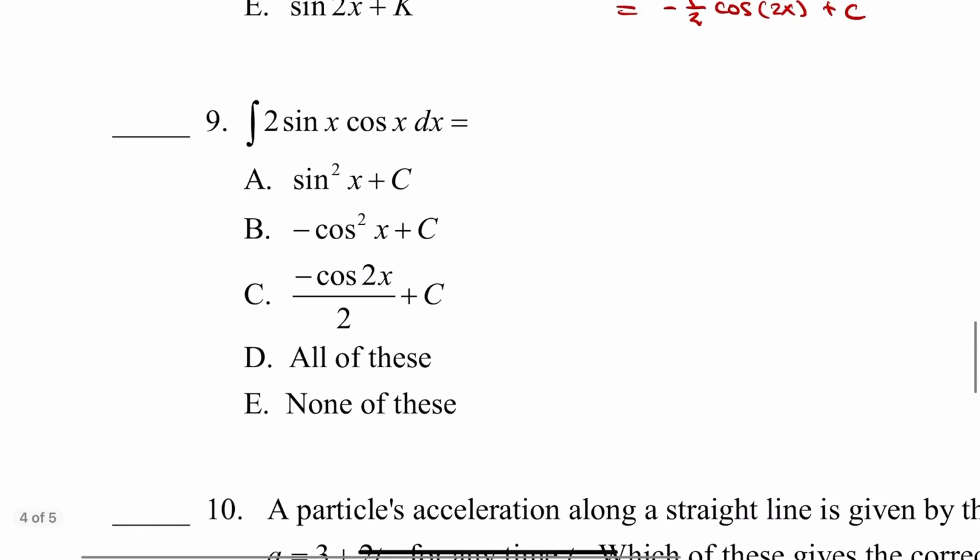Number 9. This one you can switch it to using double angle formula. So sine 2x, let's quickly go over double angle formula. 2 sine x cosine x. That's the formula you need to know.